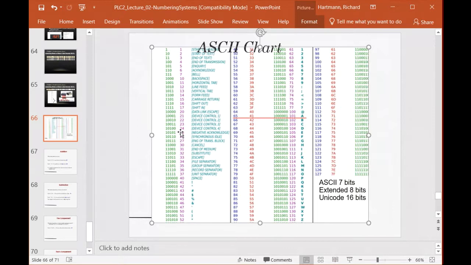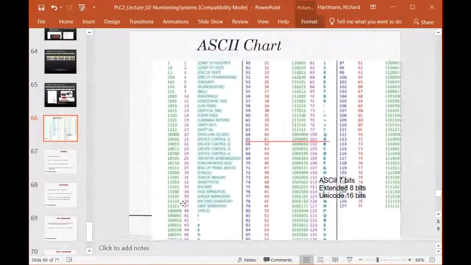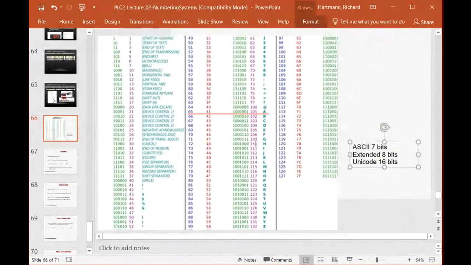So when we try to put in words, we had to come up with an encoding of those. So what they did was they started out in the early days, they created something called ASCII, which used 7 bits. Now remember, a byte is 8 bits, and memory inside of a computer is kept in terms of bytes.